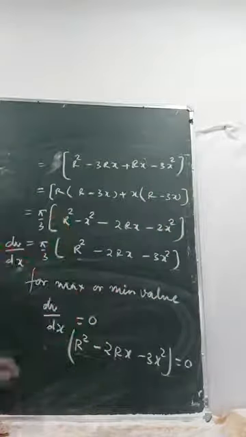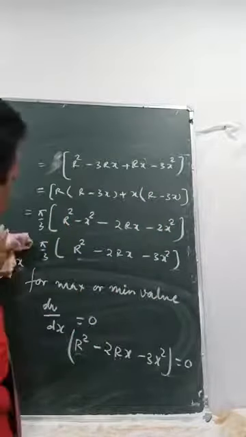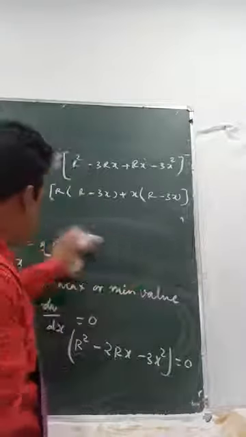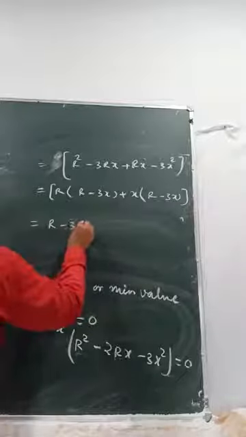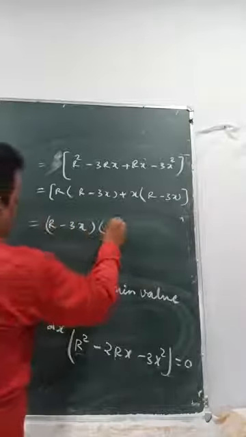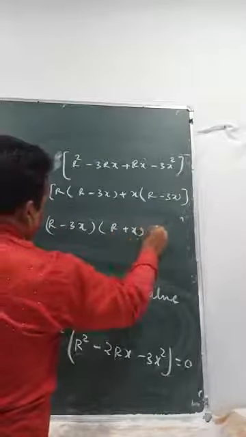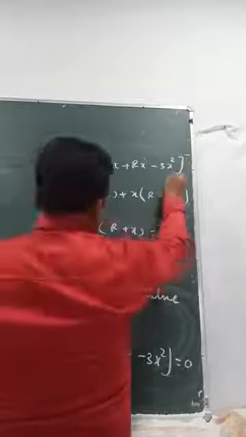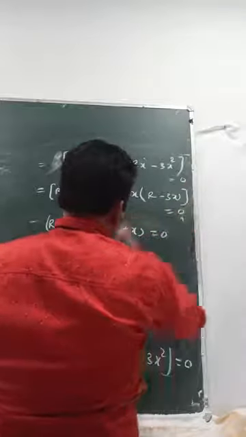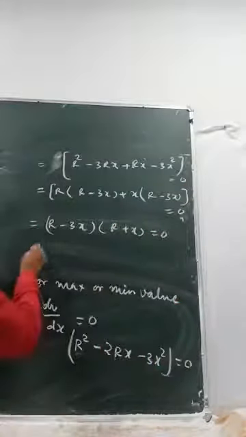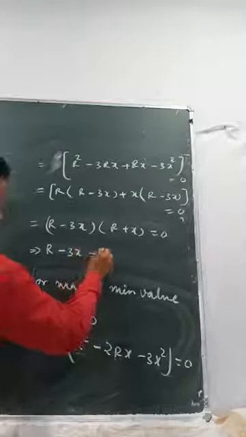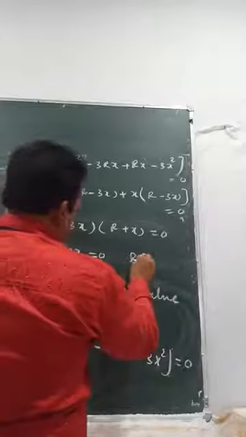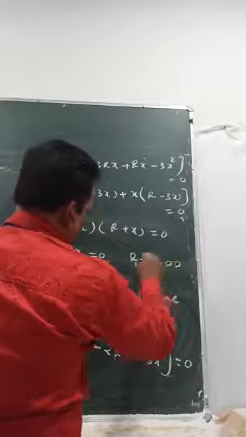If you take r minus 3x common, you will get r plus x, which is 0. This is also 0, equals to 0. So it implies r minus 3x is 0, r plus x is also 0.